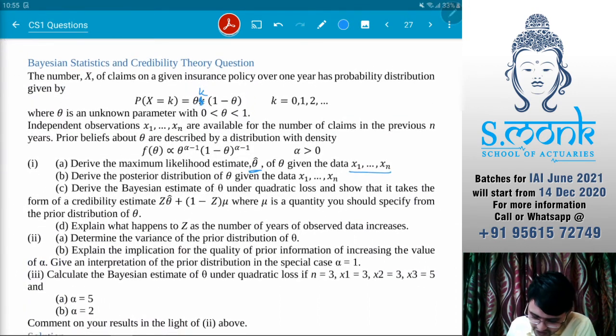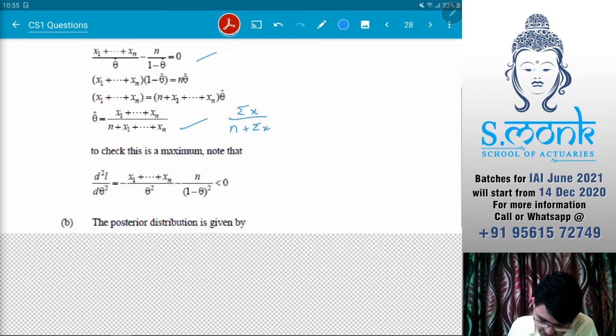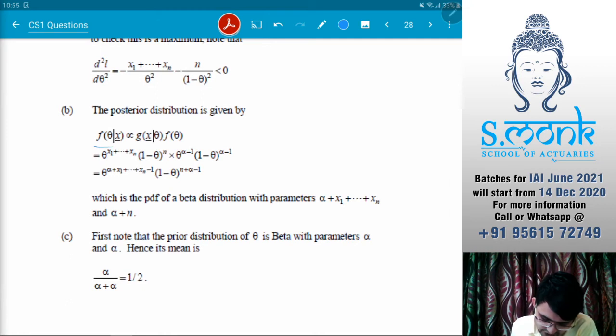And derive the posterior distribution of theta given this data. So for the posterior distribution, we'll just say our posterior is proportional to likelihood times prior. Okay. So this becomes nothing but our likelihood equation, and this is our prior.